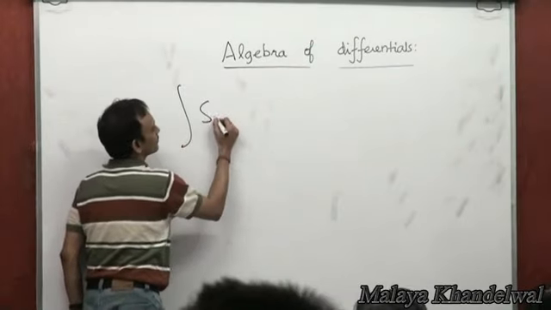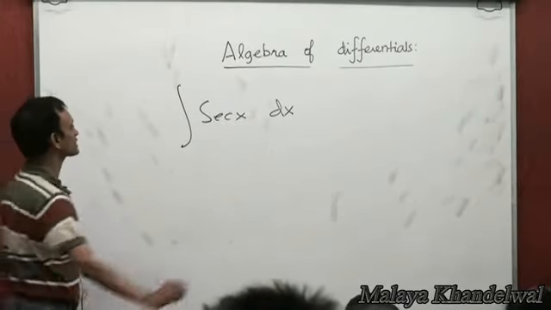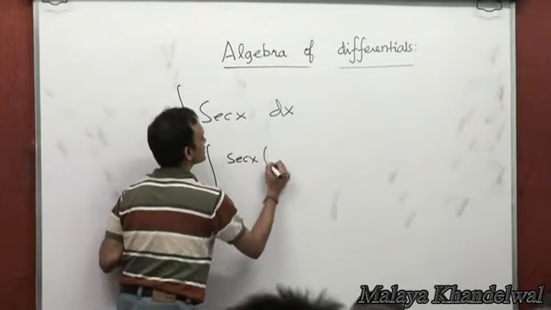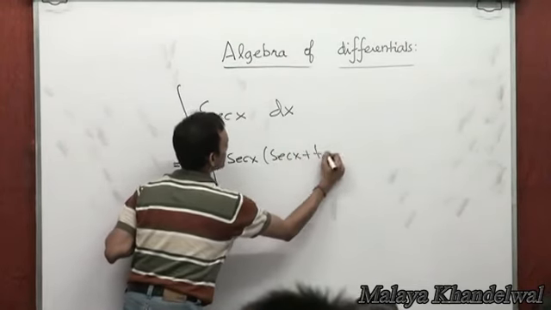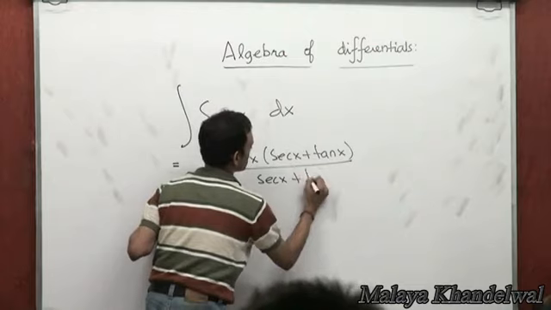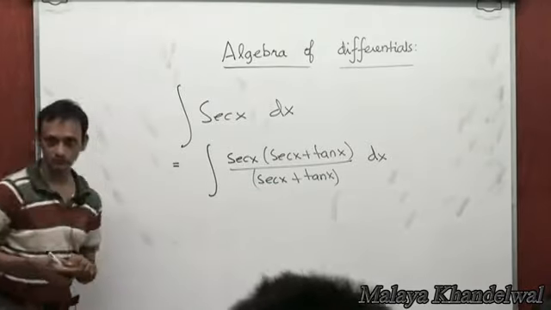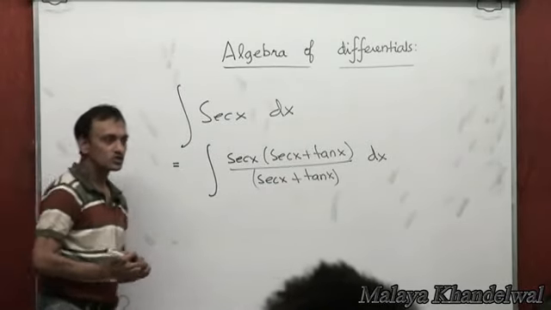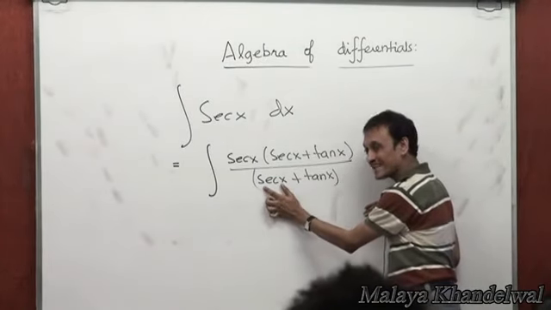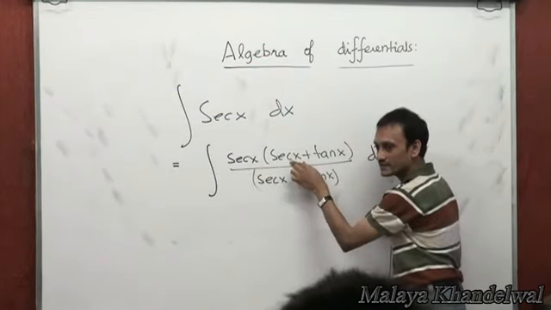Integral sec x dx. This you may want to write as sec x into sec x plus tan x divided by sec x plus tan x. See what has transpired in the process. What's the derivative of sec x? Sec x tan x. What's the derivative of tan x?